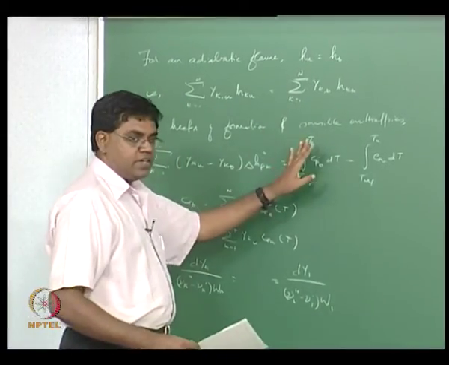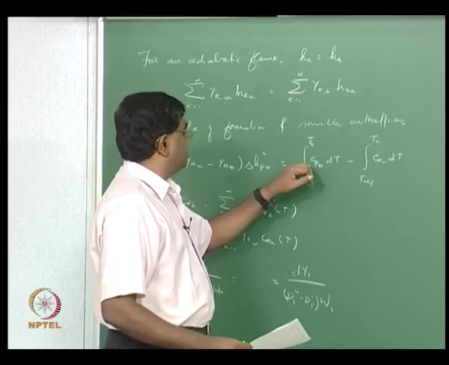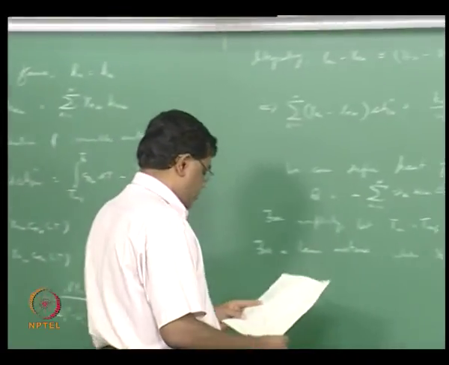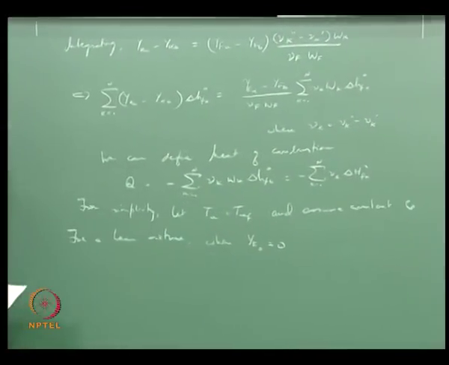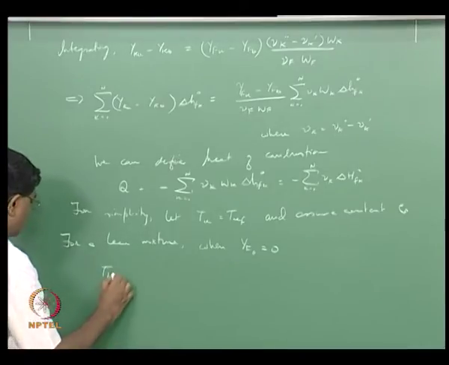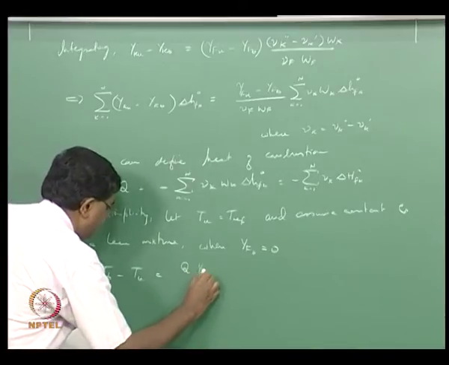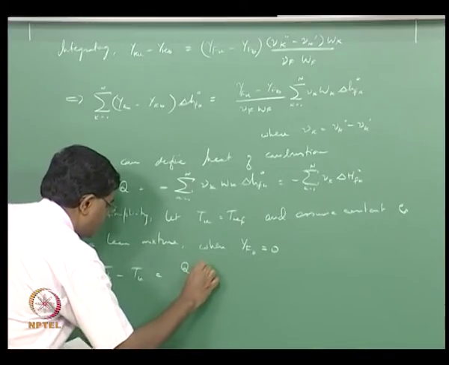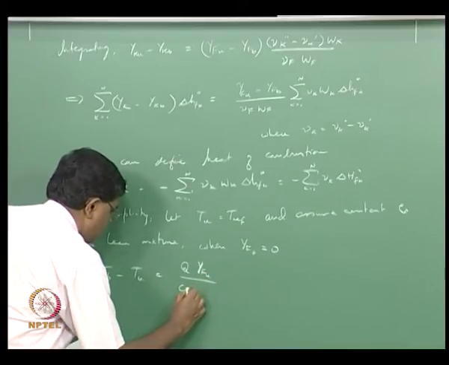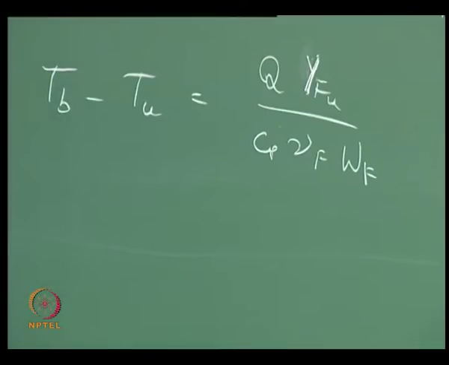On the right hand side this is simply Cp times Tb minus Tu effectively. So the Cp can come to the other side in the denominator, and then you will get Tb minus Tu equal to Q Y_FU divided by Cp nu_F W_F.